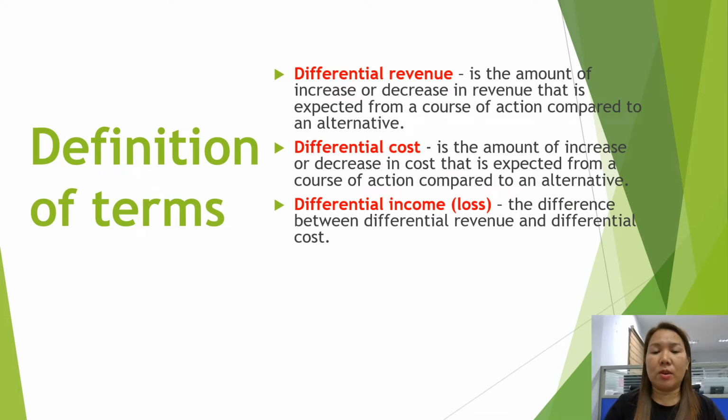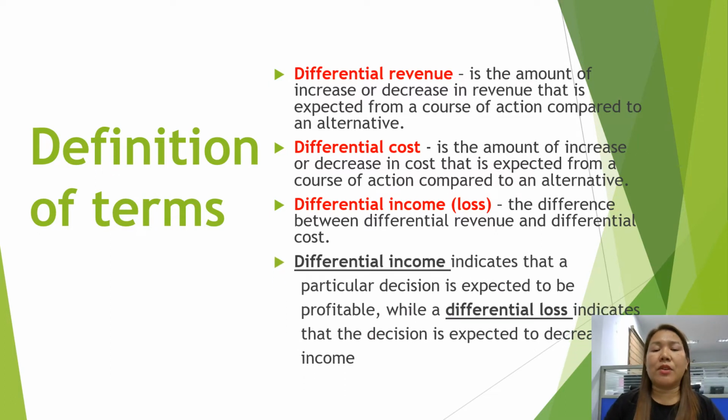Differential income or loss is the difference between differential revenue and differential cost. Differential income indicates that a particular decision is expected to be profitable, while a differential loss indicates that the decision is expected to decrease income.